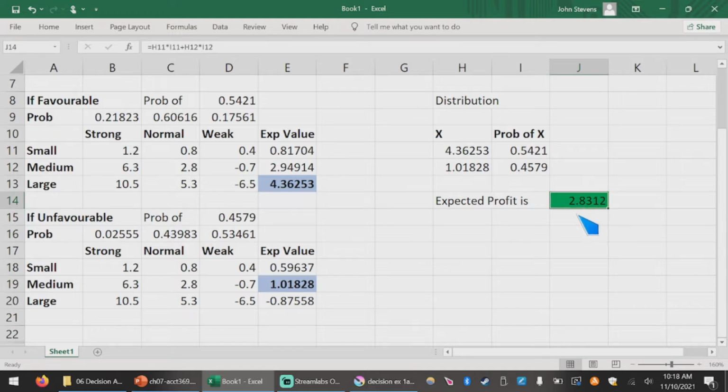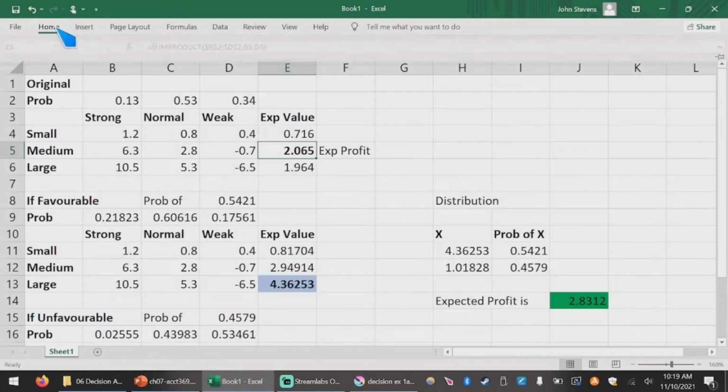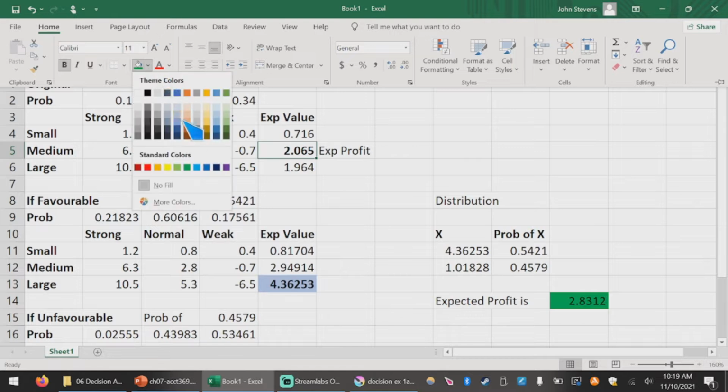That's what I expect to get because I don't know what the survey is going to say, right? It's a merger of these two, which is a weighted average according to the probabilities. That's exactly what the expected value is. So if I compare this now to doing nothing, where's my blue?